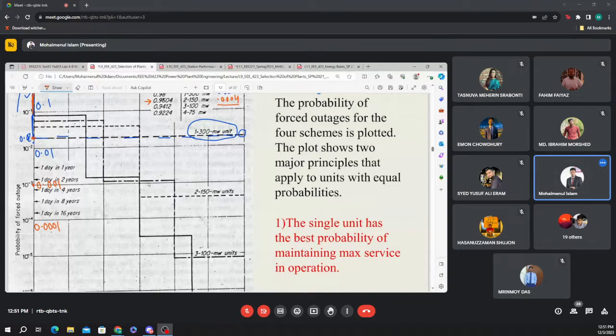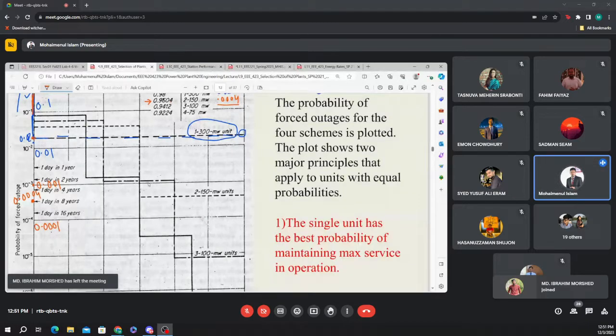So as it is 0.0001, somewhere in between these two points there should be 0.0004. I am taking this point as 0.0004, maybe. So like that, it will reach up to 0.001.